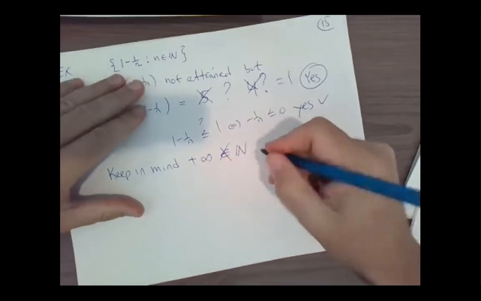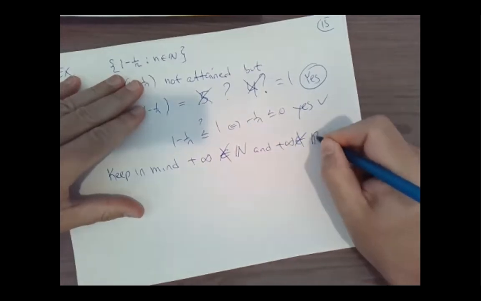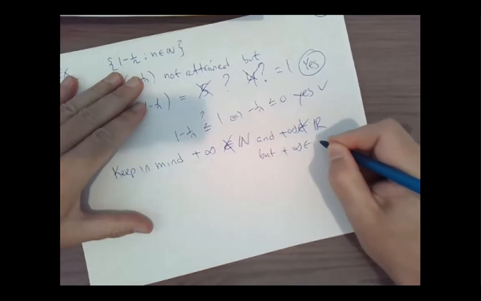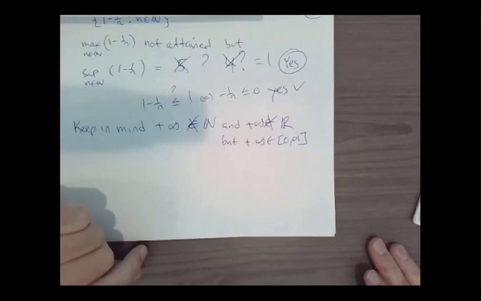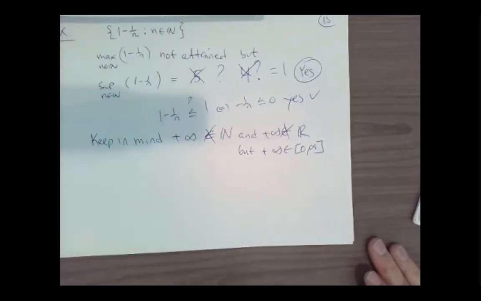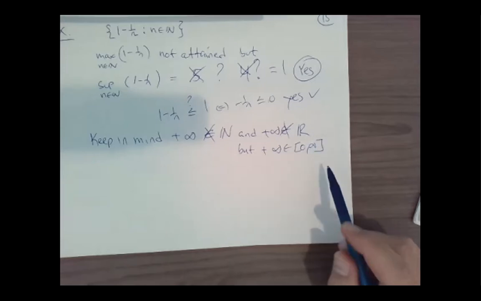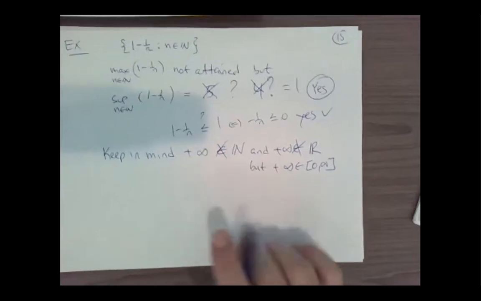Of course, plus infinity is also not a real number, but it is an element in, say, this interval. It is not a natural number, not a real number, and not a complex number.